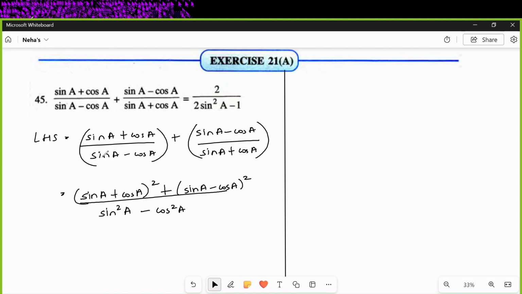This is by the formula that a minus b into a minus b is equal to a minus b whole square. Now we will expand both the formulae, so it will give us sin square a plus cos square a plus 2 sin a cos a plus sin square a plus cos square a minus 2 sin a into cos a.